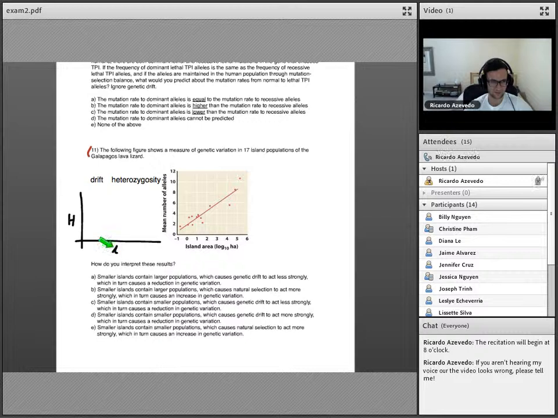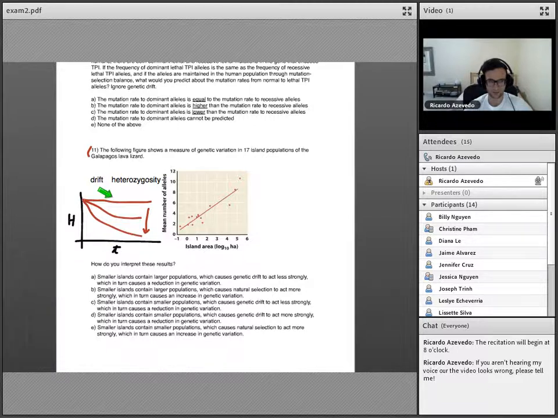From the different experimental results, we know that heterozygosity declines less in bigger populations, and as populations become smaller, the decline in heterozygosity over time is greater. So on the y-axis here, what I drew is heterozygosity, and on the x-axis is time.